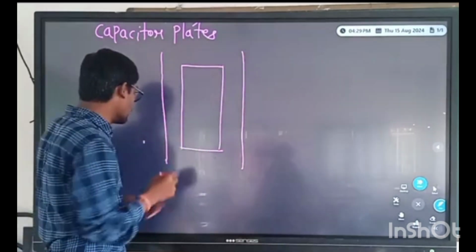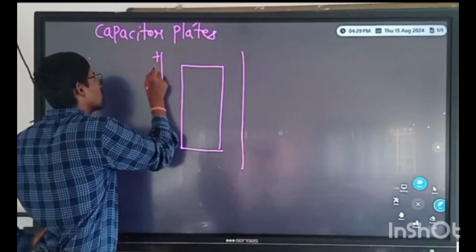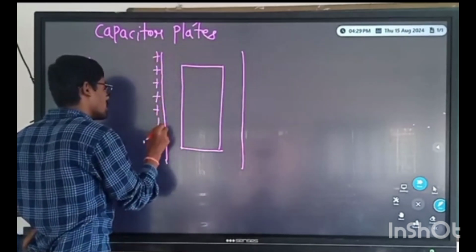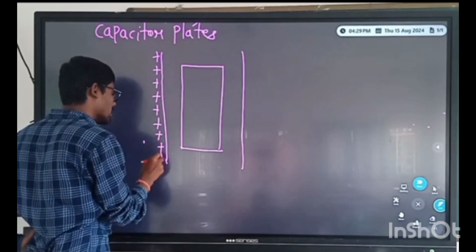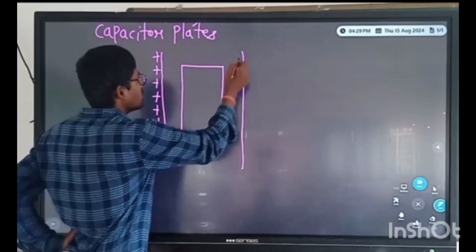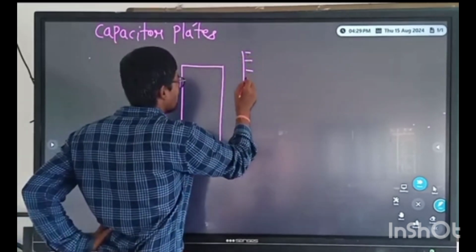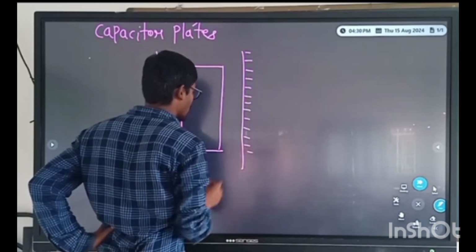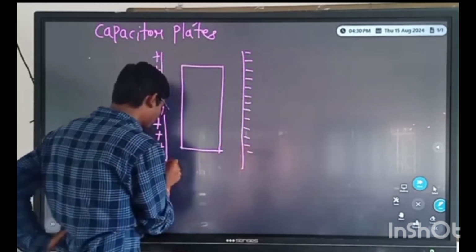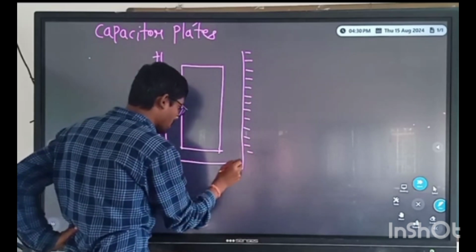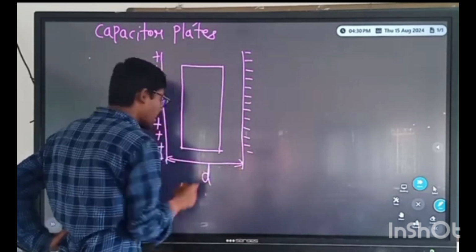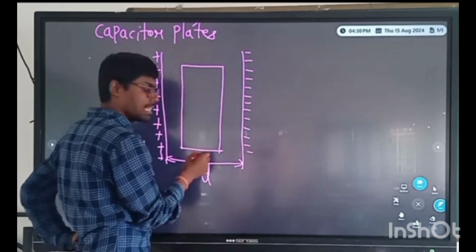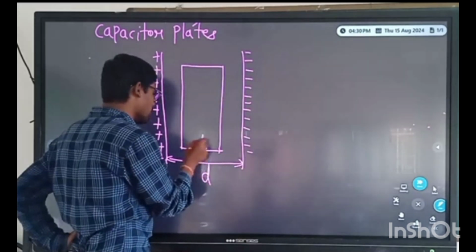Suppose this is the positively charged capacitor plate and this is the negatively charged capacitor plate. Now the separation between these two capacitor plates is D, and the thickness of the dielectric slab is a small t.